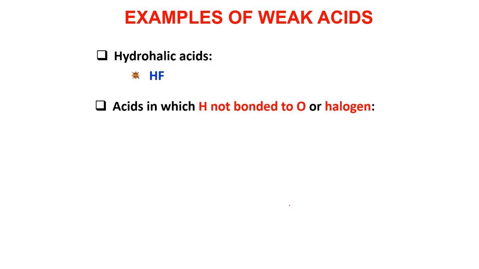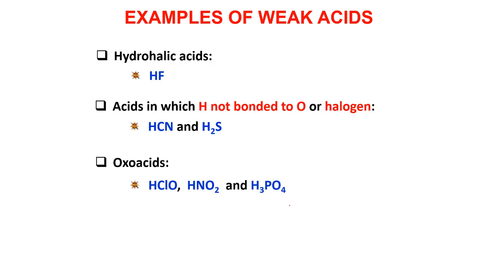Okay. Next. Example of weak acids. Okay, we have hydrohalic acids, hydrofluoric acid, acids in which hydrogen not bonded to oxygen or halogen. Contoh, hydrocyanic acid and hydrogen sulfide. Also acid. This is hypochlorous acid, nitrous acid and phosphoric acid.